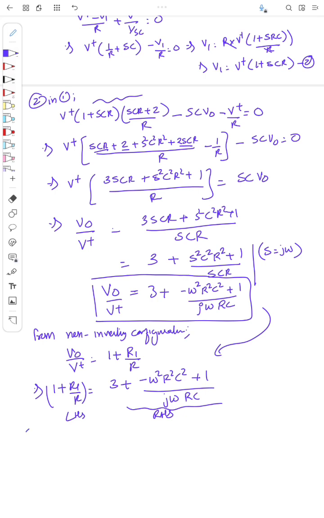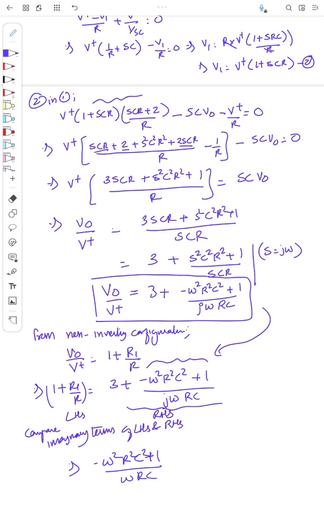Okay, so I will compare imaginary terms of LHS and RHS. So which is the imaginary term here? Imaginary term here is this term because J is there, right? And here it is 0. So I can write as minus omega square R square C square plus 1 by omega RC. So this is the imaginary term.